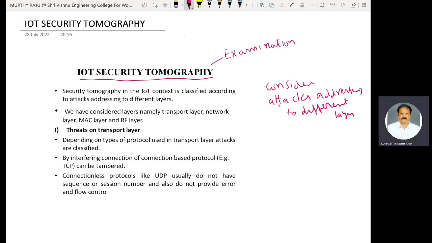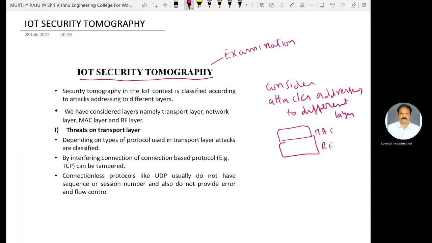Different types of these attacks are vulnerabilities of the IoT. Due to these attacks, the communication within the IoT networks is disrupted. Different types of layers are there: the RF layer, MAC layer, network layer, and transport layer.